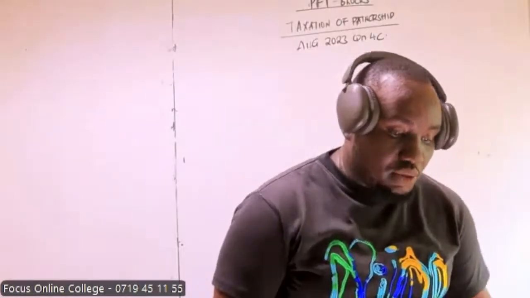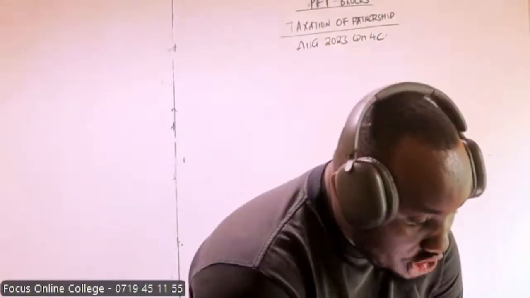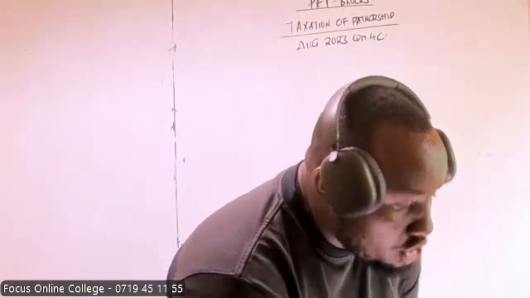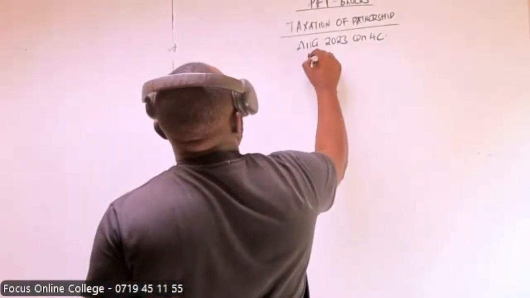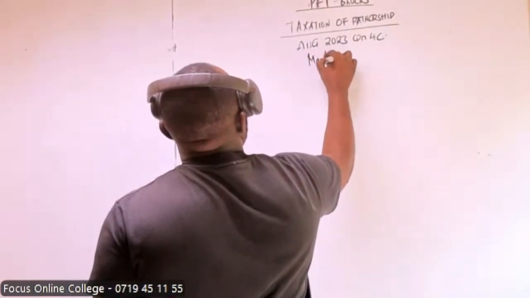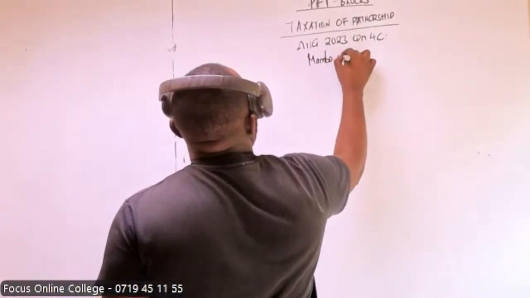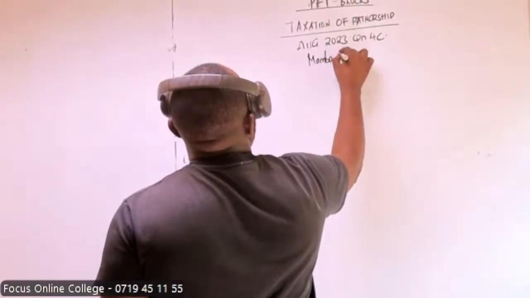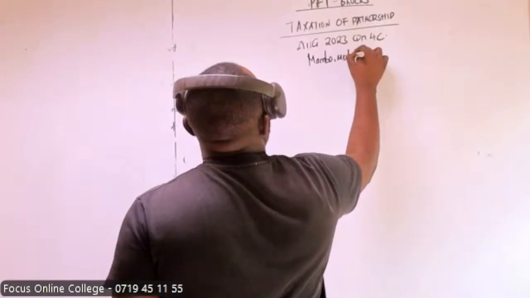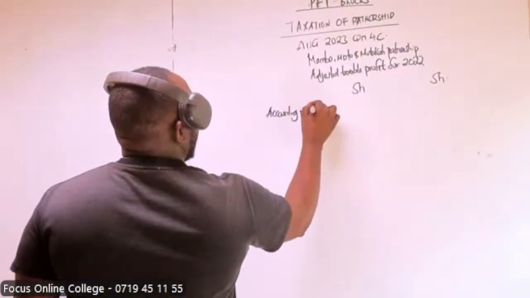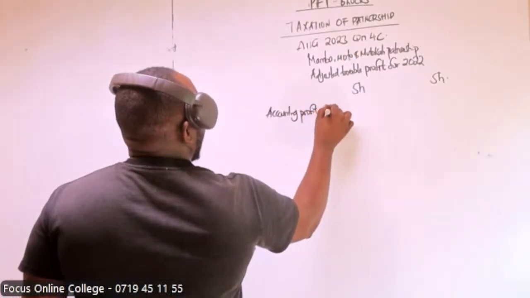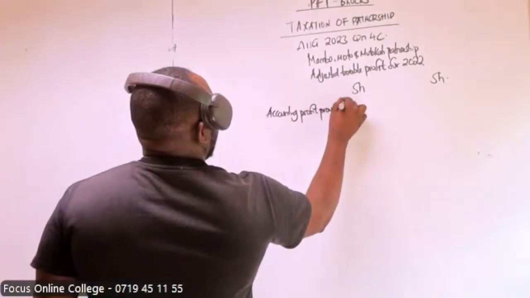So we start with the first one. What is the name of the partnership? We call it Mambo Motor, and motor car. This is provided, accounting profit provided. So what is the figure?